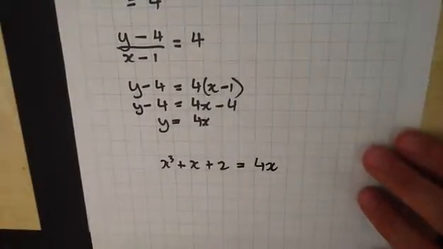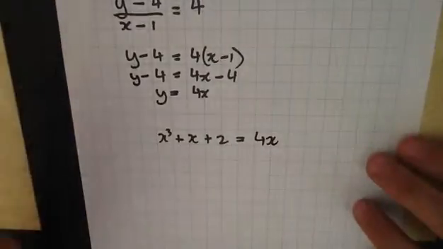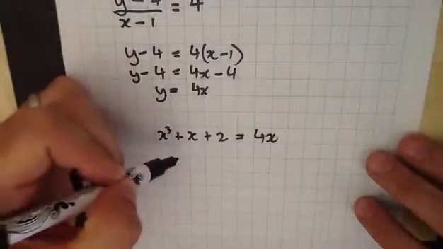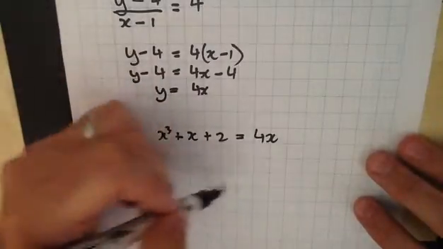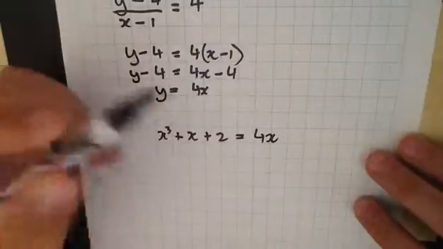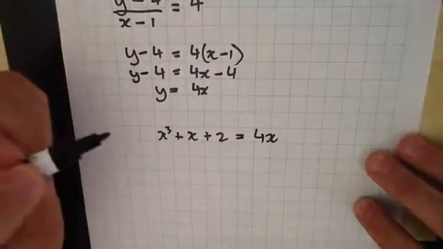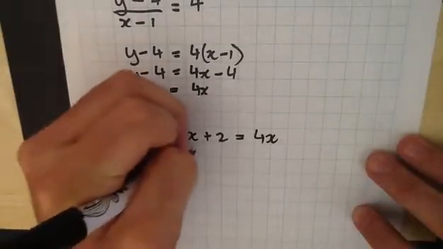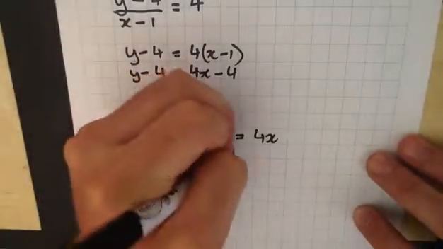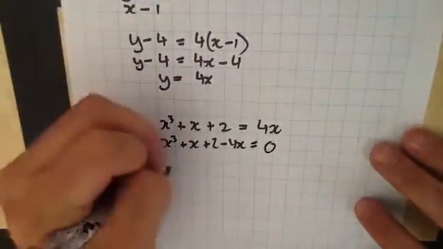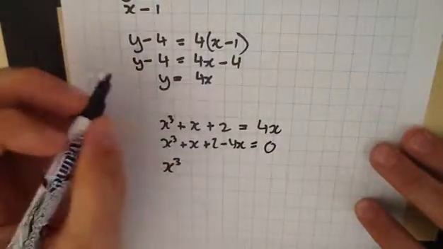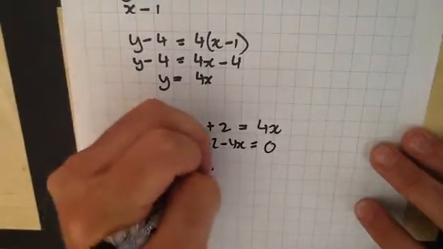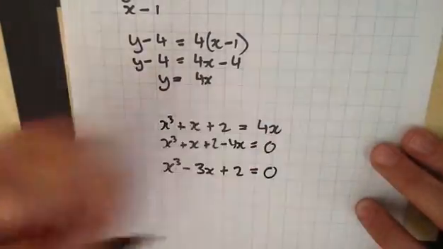Now if you think back to simultaneous equations, a way I can solve this is to make it equal to 0 and therefore find its roots or solutions, and that is actually finding the points at which it meets. So if I made x cubed plus x plus 2 take 4x equal to 0, let's neaten it up: x cubed take 3x plus 2 is equal to 0.